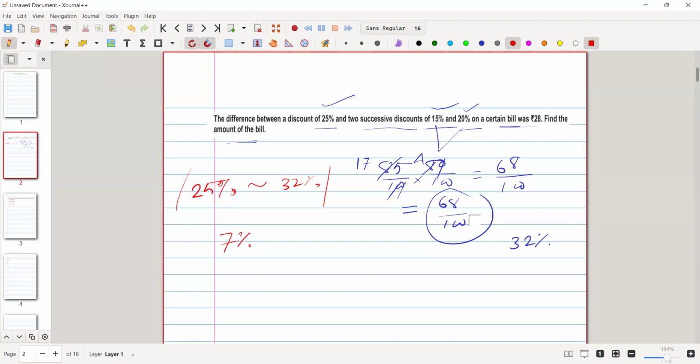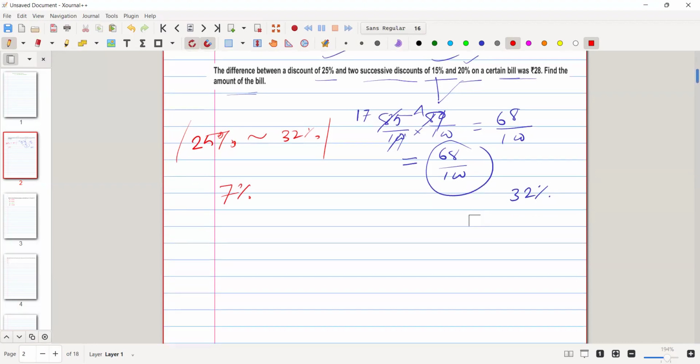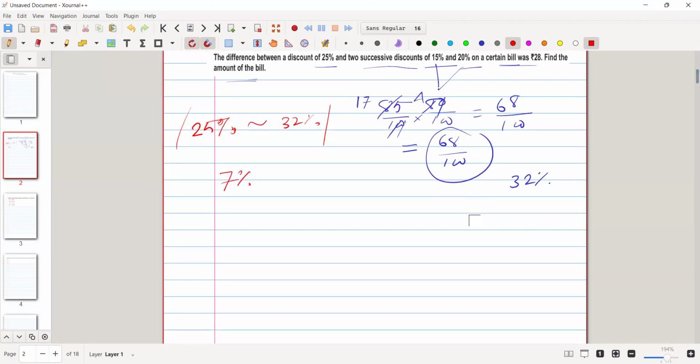We can get that difference only, and it is immaterial what the order of the difference is, that is 25% minus 32% or 32% minus 25%. We just need to pick the difference, that is 7%.